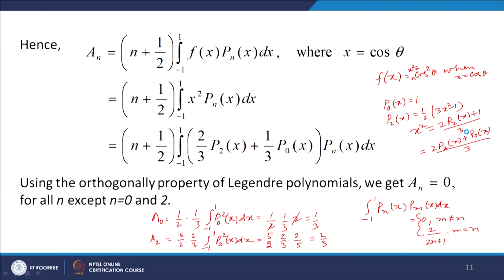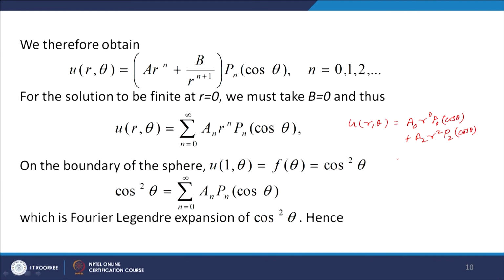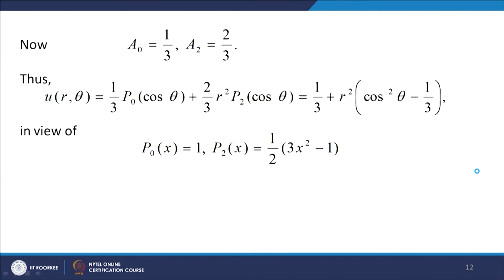We have found A0 equal to 1 by 3, A2 equal to 2 by 3. So, this will be 1 by 3 P0 cos theta plus 2 by 3 r square P2 cos theta. Okay.